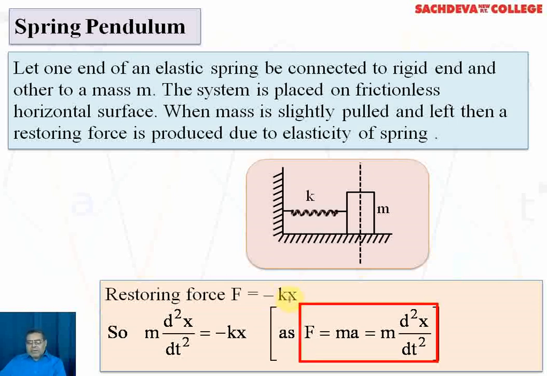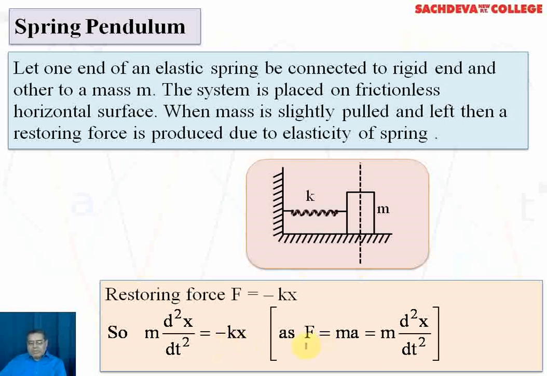Then force can be written as mass into acceleration, and acceleration is taken as the derivative, that is d square x over dt square. We can always remember that the derivative of velocity is acceleration, or the double derivative of displacement is also known as acceleration. It is a second degree equation.